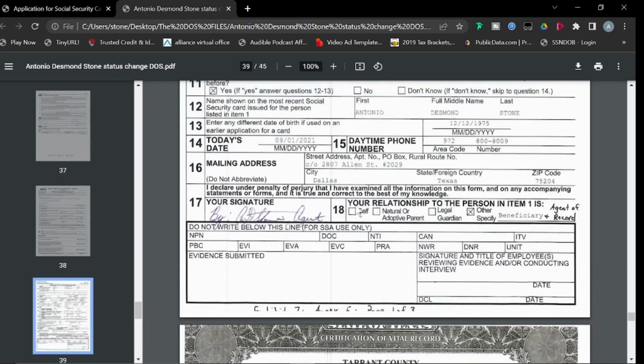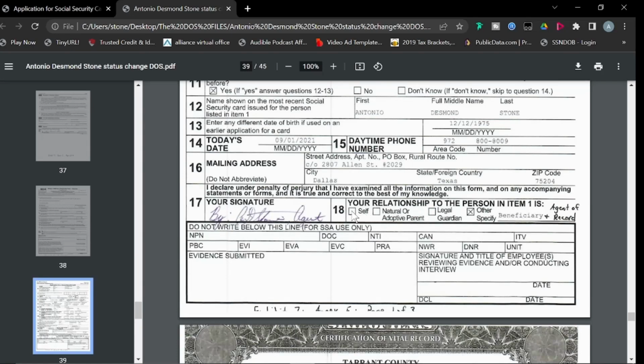Now, for my story about this box 18, I'm going to go back over this application again so I can show you what I mean about the two situations. First, a story about what happened to me.